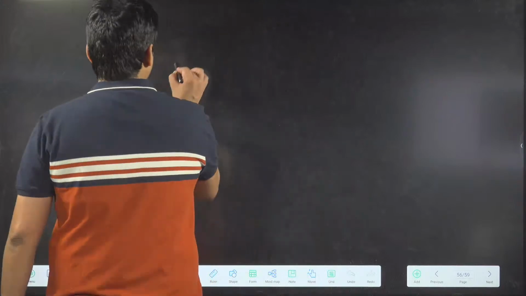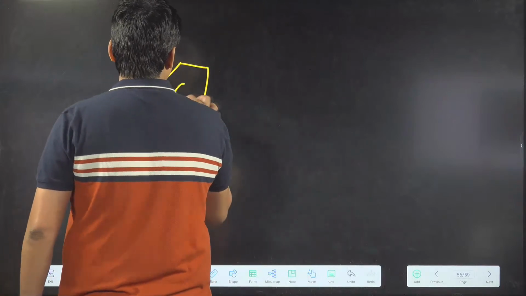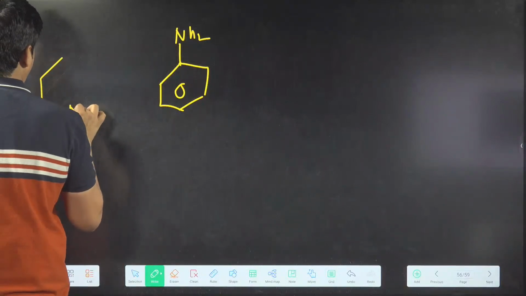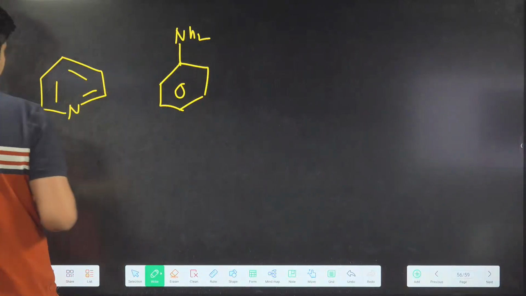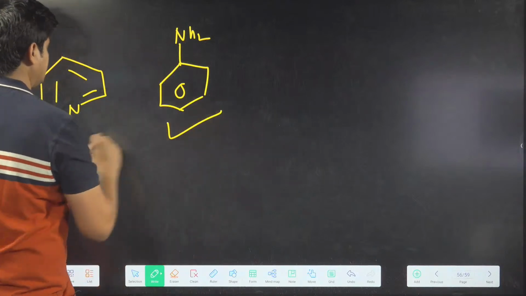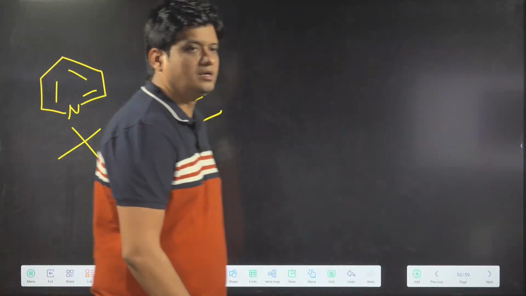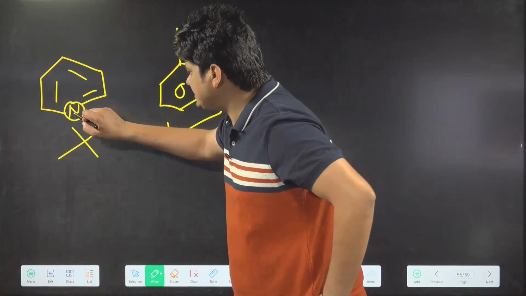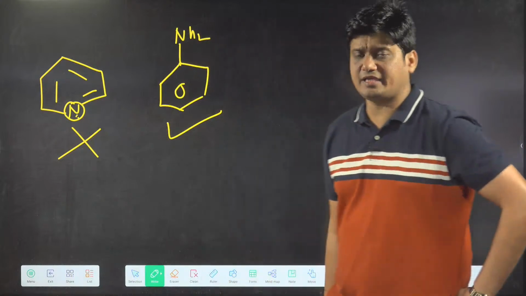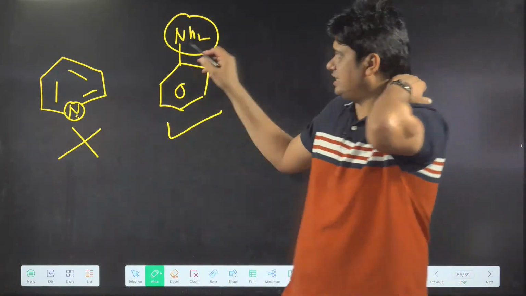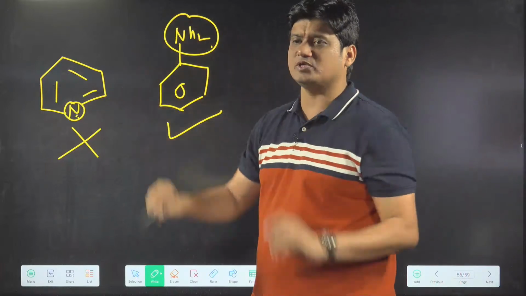For example, if I ask, pyridine is there and aniline is there. In which case is Kjeldahl's method possible? What is the difference? In pyridine, nitrogen is part of the ring. In aniline, nitrogen is out of the ring. So in aniline Kjeldahl's method is possible, in pyridine not possible.